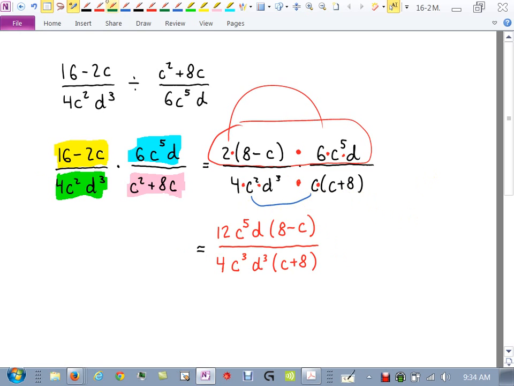And now what I'll do is I'll try and simplify this. Let me go 12 divided by 4, right? That'll leave me a 3, and the 3 would be up top, right? Okay, c to the 5th over c cubed is c to the 2nd, and that'll be on top also, right? d over d cubed, that'd be d to the negative 2. So I put it on the bottom as a d squared.